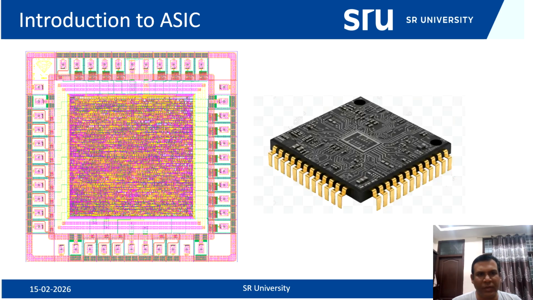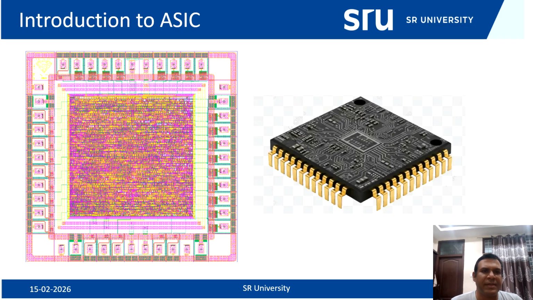Signal processing chips, which are used in communication systems, audio devices, and image processing applications, are also ASICs. In addition, automotive controllers such as engine control units use ASICs to manage the vehicle functions reliably and efficiently.